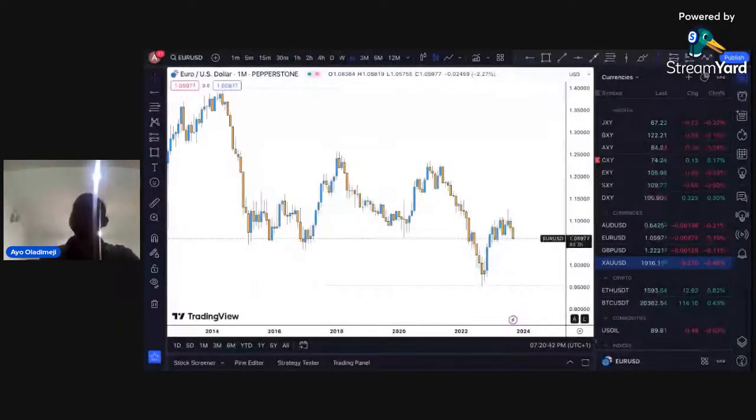So let's say, for whatever reason, the value of the dollar begins to fall. If it falls to 360 naira per dollar, there will be a reaction in the market.